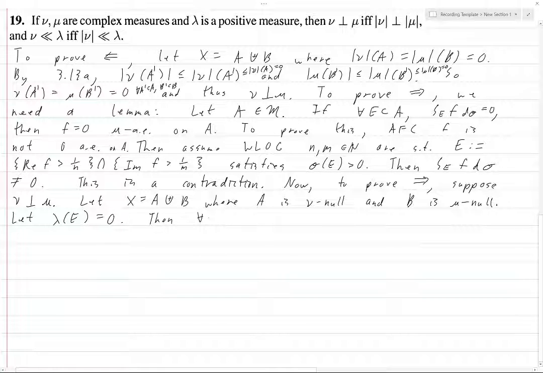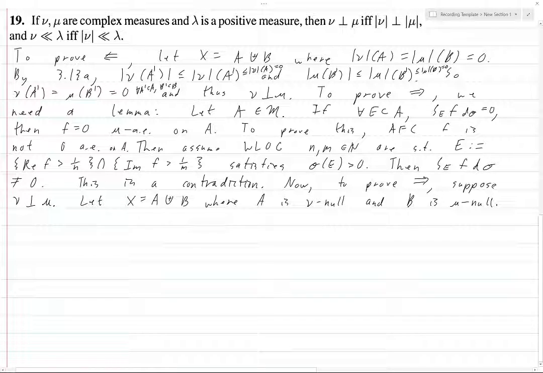Then for all... Oh man, I really messed up this. Okay. So, we don't want to do this.